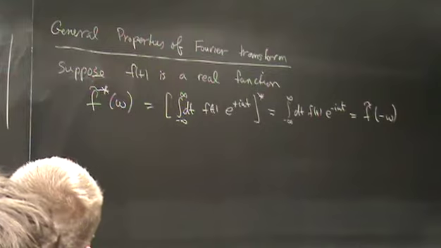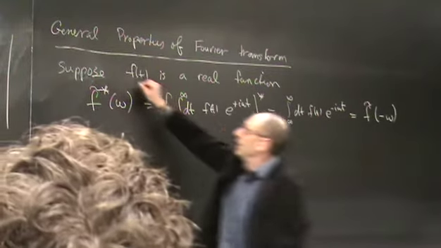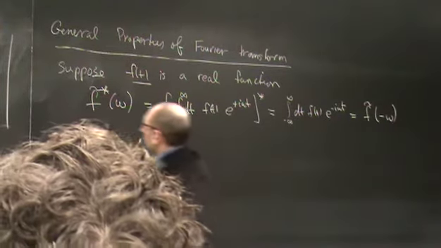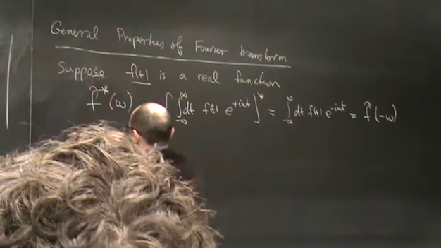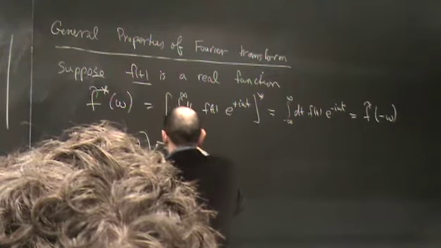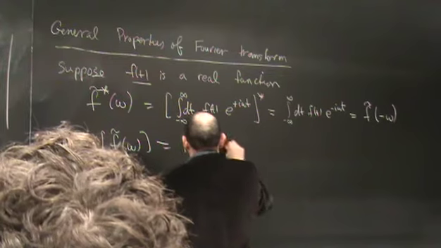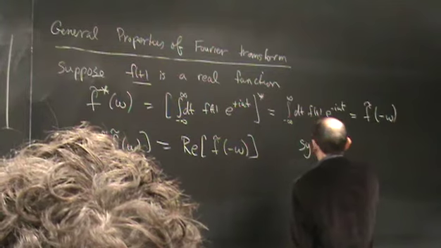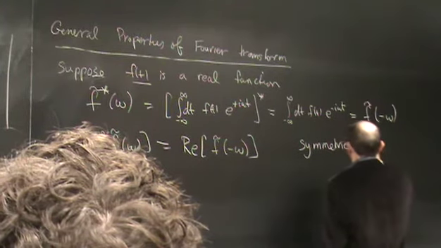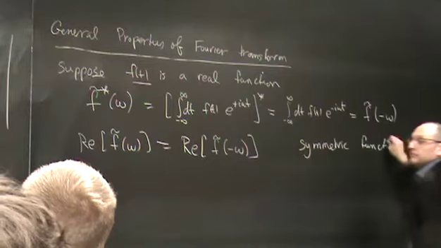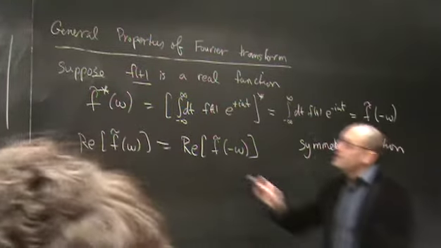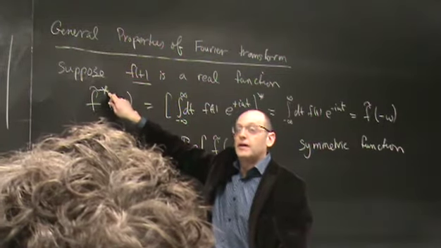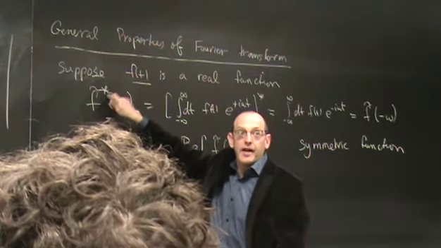So, if the signal that we're Fourier transforming is real, then we have the following property. The real part of the Fourier transform is equal to the real part of the Fourier transform at minus omega. That is to say, the real part of the Fourier transform is a symmetric function. And the imaginary part of f star is minus the imaginary part of f.